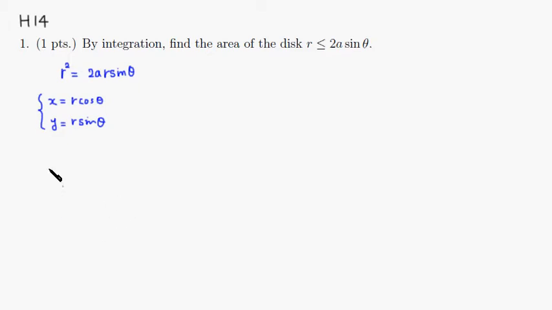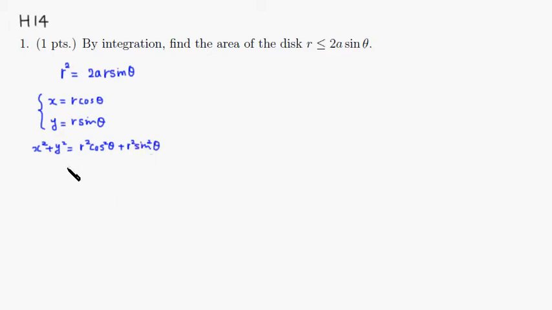Then you notice that when you do x squared plus y squared, it's going to give you r cosine theta squared, so r squared cosine squared of theta plus r squared sine squared of theta.